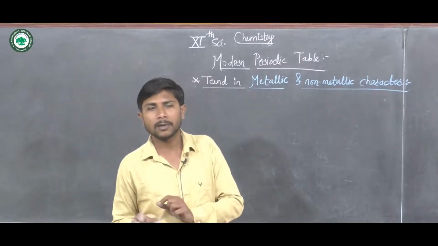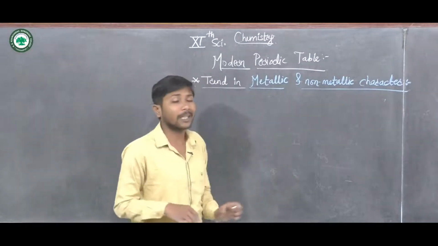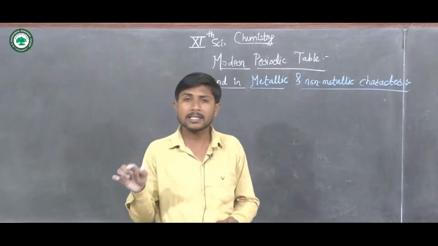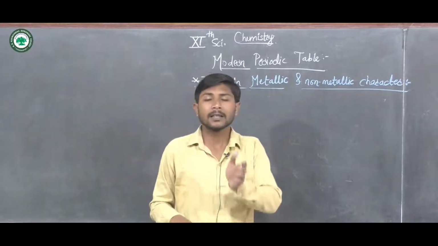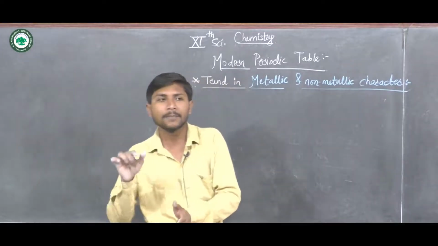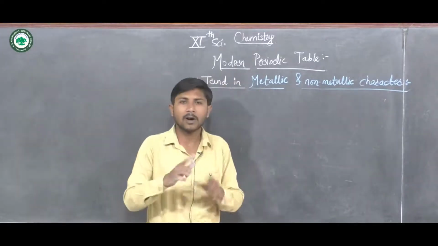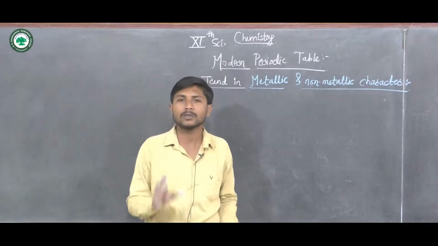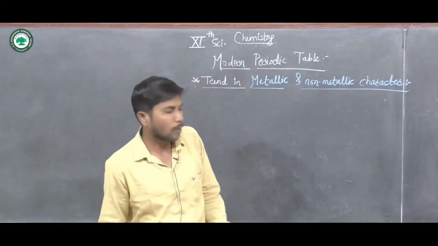The metalloids are shown by the zigzag line separating the p block elements and d block elements. Those elements on either side of that zigzag line show the metalloid character. What are the metals?